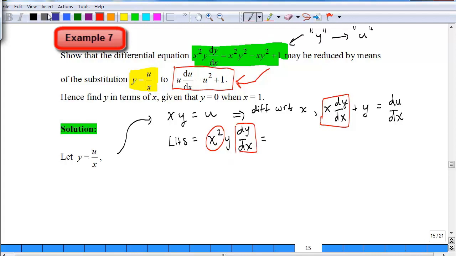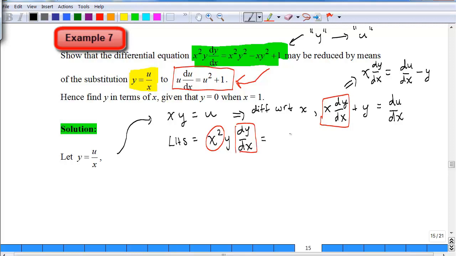So immediately I can write from here, x dy dx is equals to du dx minus y.